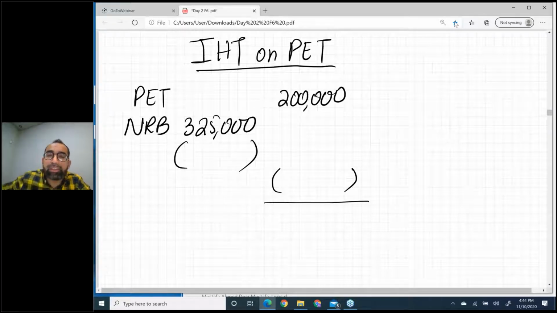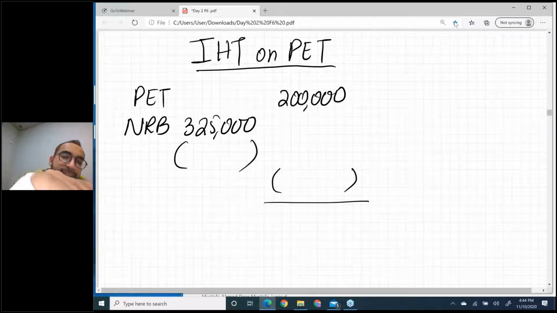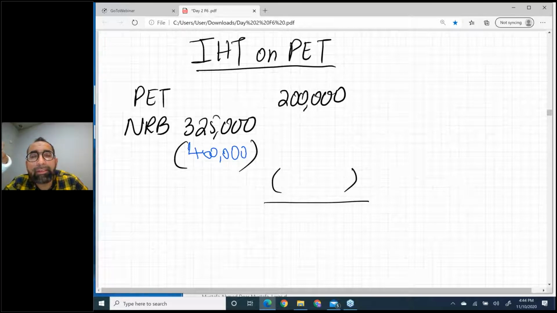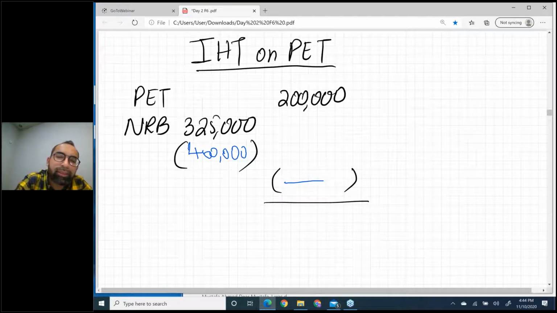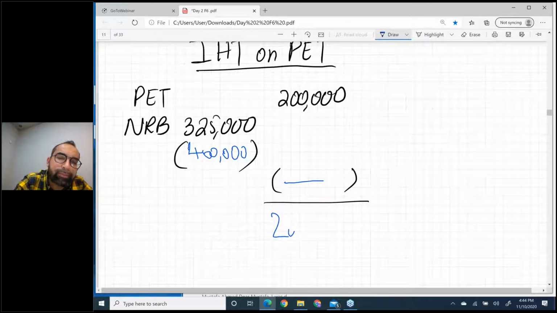Yes, we did. So just deduct the value of that gift after annual exemption. That was 4 lakh. So if you deduct 4 lakh from 325,000, nothing will be left. So it's zero. So the complete 200,000 is your chargeable amount.